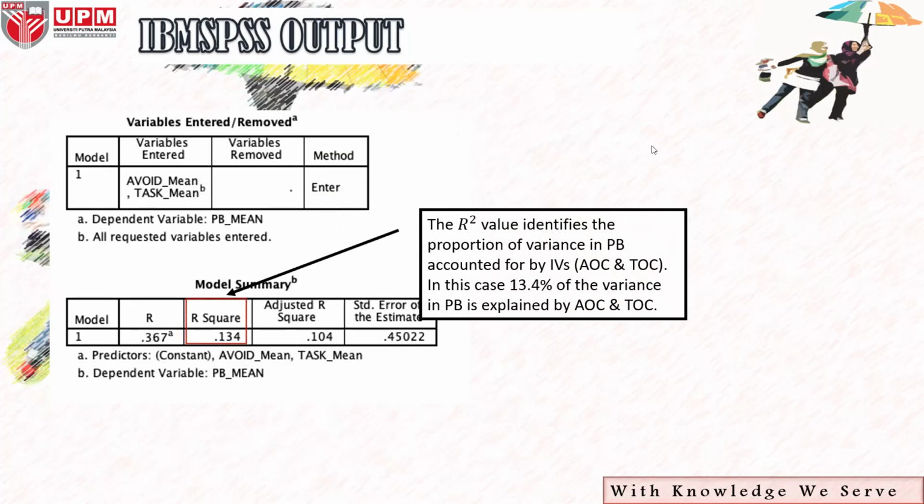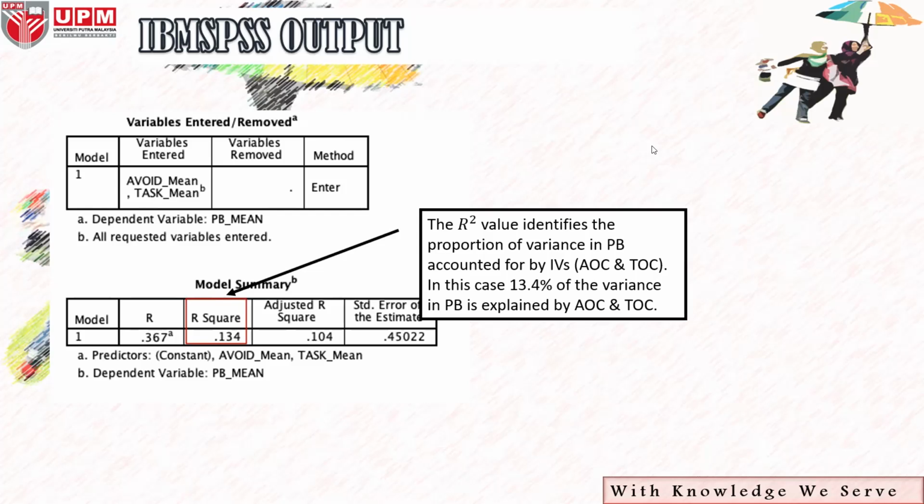Next, the R squared value, which identifies the proportion of variance in our DV accounted for by the set of IVs. How much variance in our DV is explained by the set of IVs in our model.